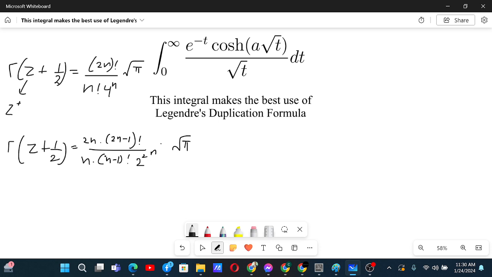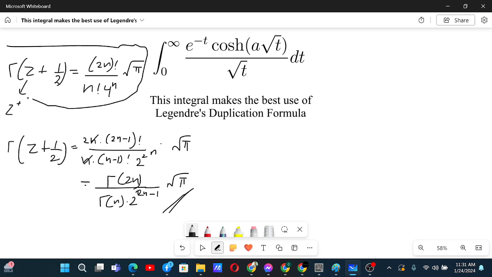Now we can cancel the n and take this 2 and subtract over here. That gives us gamma of 2n by gamma of n times 2 to the power 2n minus 1 times root pi. So this is also another form for Legendre's duplication formula, but this is the most convenient one, and we will use this formula in this problem.